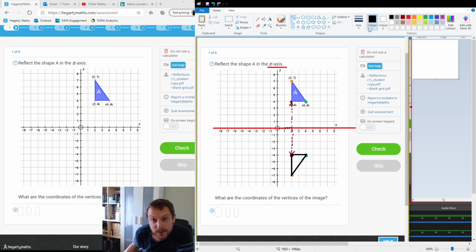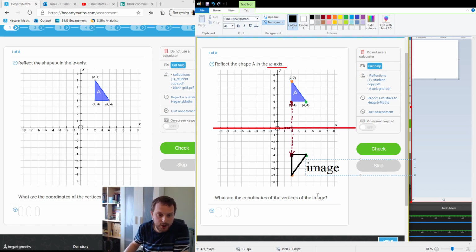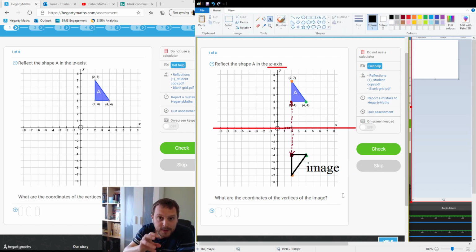And so there's a few words now that you need to know. So first of all, this thing is the image. So after you've done your transformation and it's moved, it's gone from where it was to where it is now. Where it is now is called the image. So that's what that is.